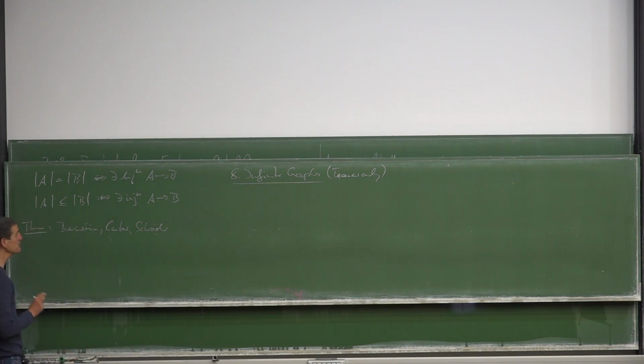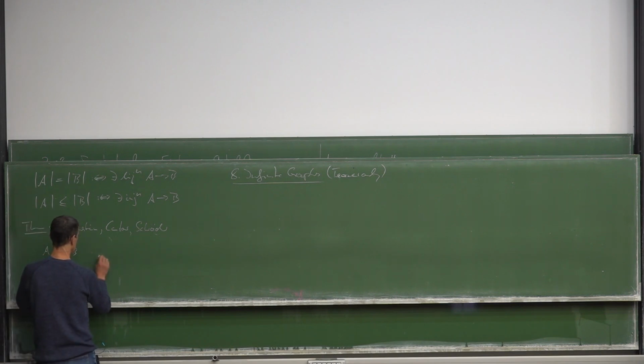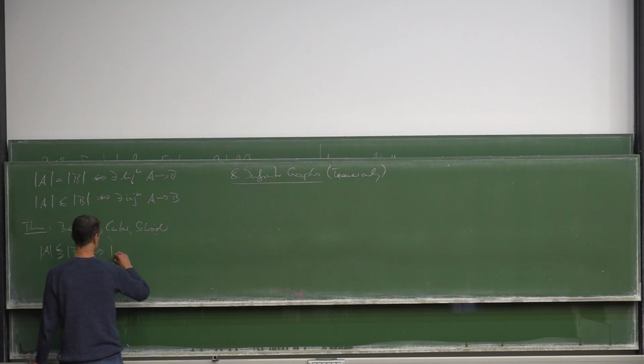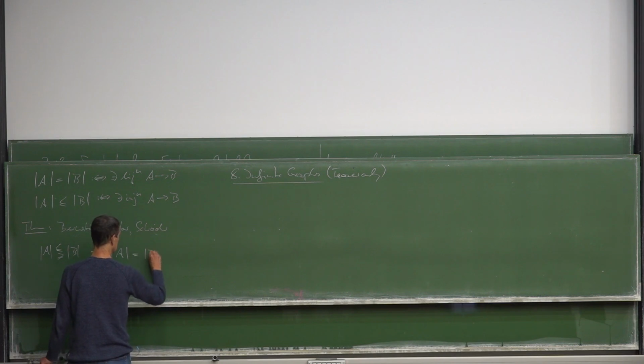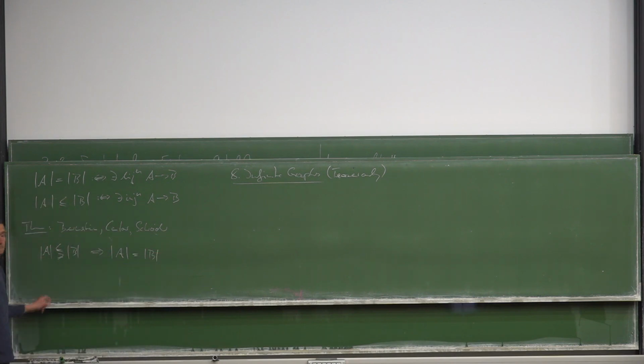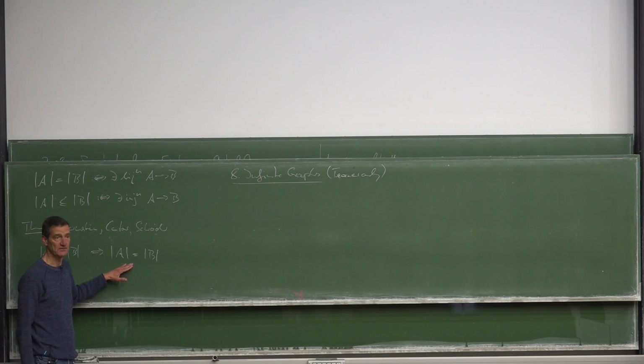And the theorem says that if we have this both ways, then we have that. That's what you'd expect of antisymmetry. It's not a relation on a set, so never mind, but if there's an injection from A to B, and if there's also an injection from B to A, then we want that there's a bijection from A to B.